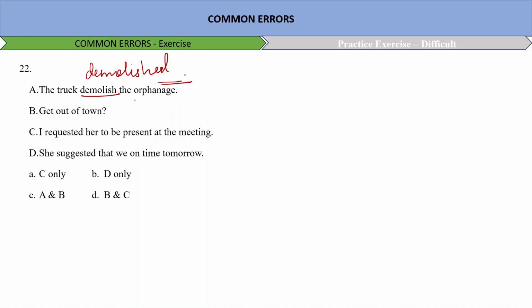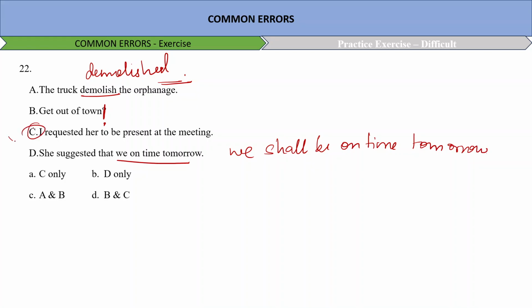Now you see, get out of town is an expression of exclamation, not a question mark. I requested her to be present at the meeting, which is correct. He suggested that we shall be on time tomorrow. So the correct answer is only C.